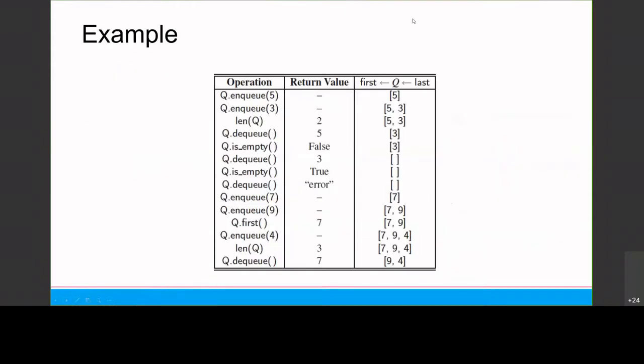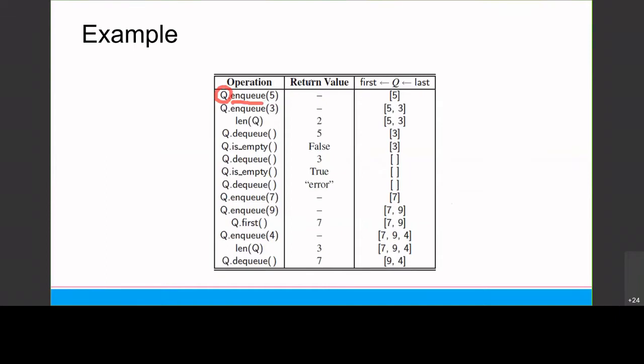So for example, I have a queue, this indicates the queue, and I can use a list or an array for this, and then I will make the function enqueue.